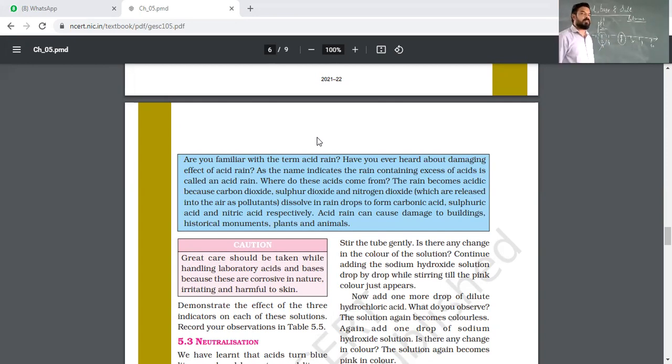Sometimes it also happens that the pH of the substance comes to 10. That is also not good because it is highly basic.